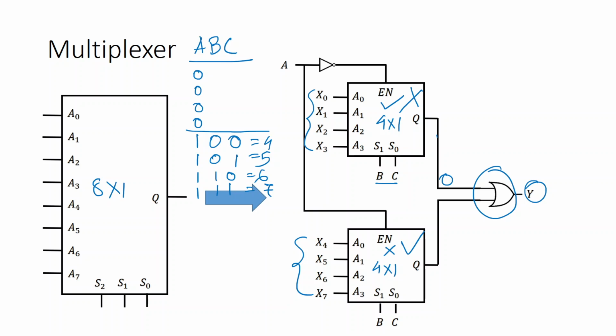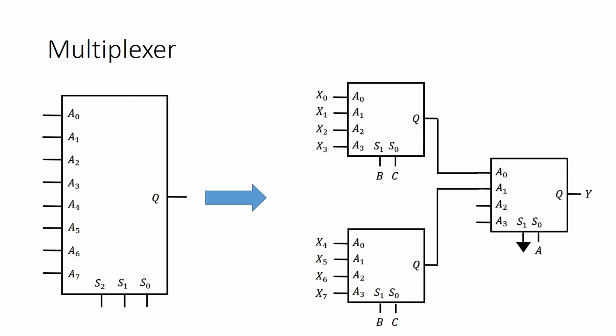Now the 8x1 multiplexer can be implemented without any additional gates. How? Like this, but now you have to use an additional 4x1 mux itself. You may also have used a 2x1 mux. I will leave you to think about how you could have used a 2x1 mux. We have not actually studied the 2x1 mux, you can study it for yourself.